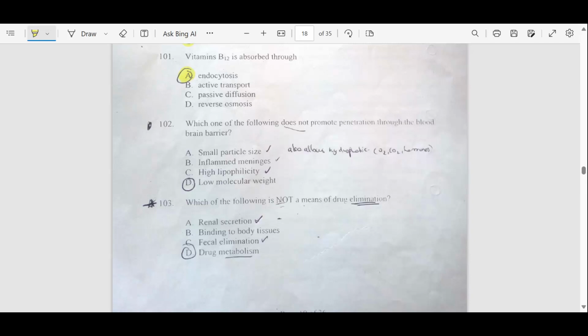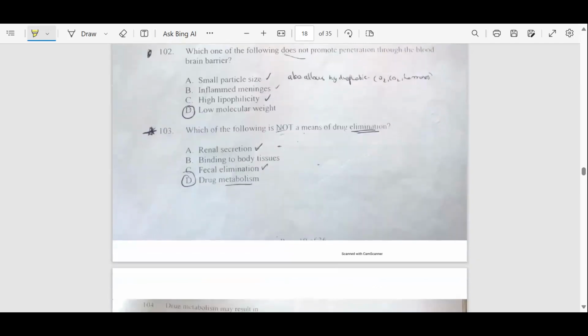Which one does not promote penetration through the BBB? Someone is saying small particle size. What are the factors that promote penetration through the BBB? Anyone who can share?